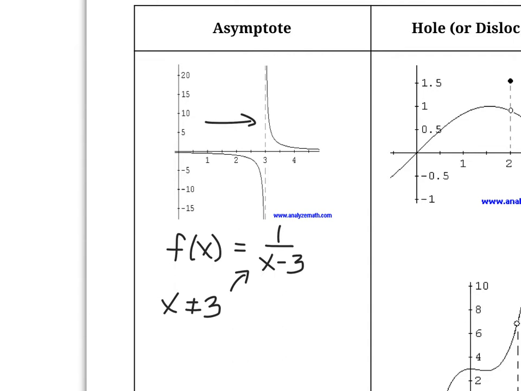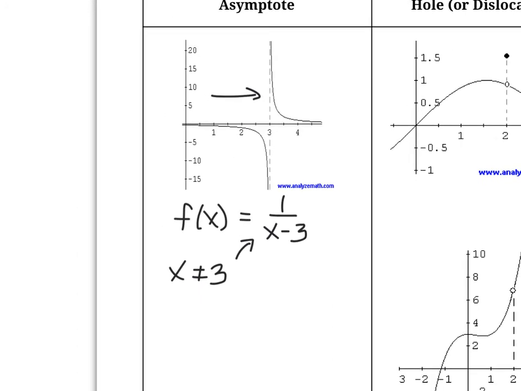One other condition, so wherever the denominator equals 0, actually, we'll just summarize this here, right? So wherever the denominator equals 0, that's where we're going to have an asymptote.